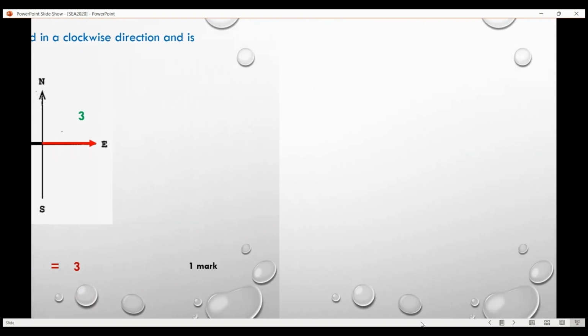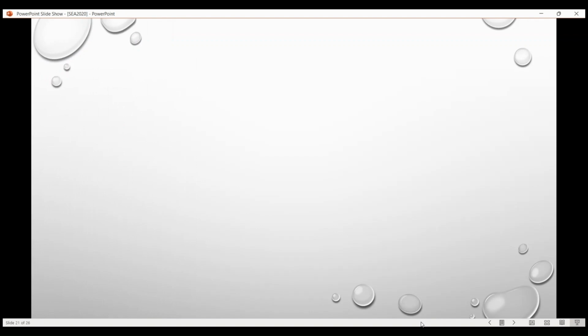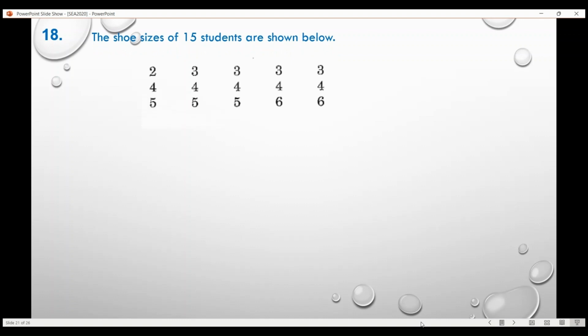Let's now move on to number 18, where these last 3 questions in the paper deal with statistics. The shoe sizes of 15 students are shown below. So we have sizes 2, 3, 4, 5, and 6. So those are the different shoe sizes for these students.